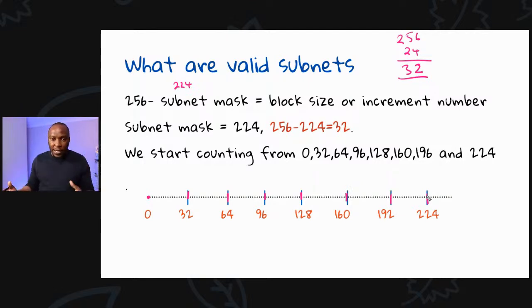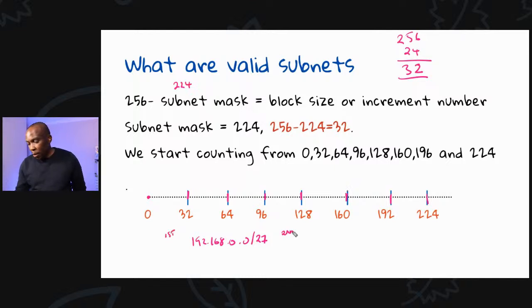So our valid subnets, if we're writing our IP address, 192.168.0.0/27 would be our first network. Our second one would be 192.168.0.32/27.